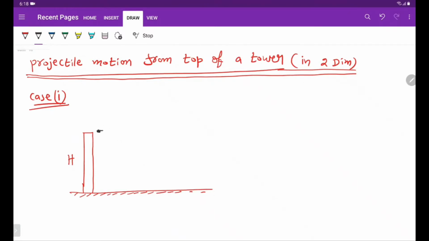Suppose if I project a particle from the top of the tower with speed u, immediately take that point as origin, and time t is 0. This projectile will follow this path. Finally, it will reach the ground.